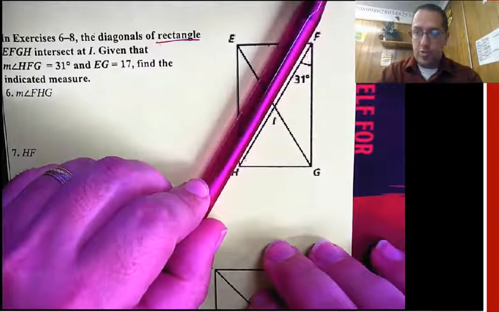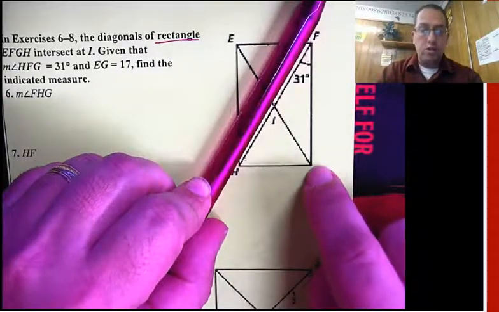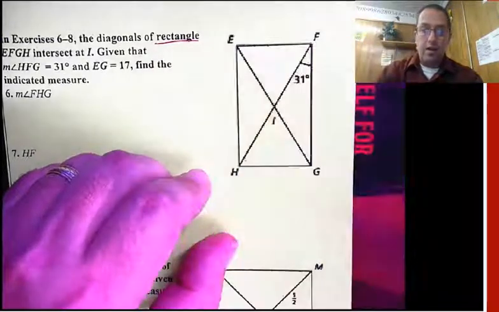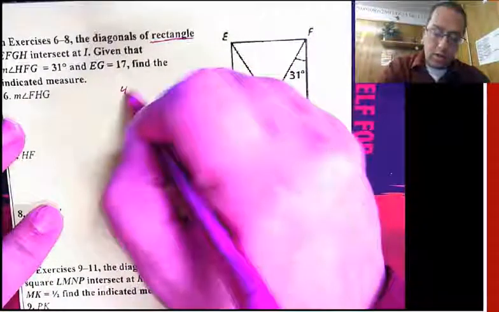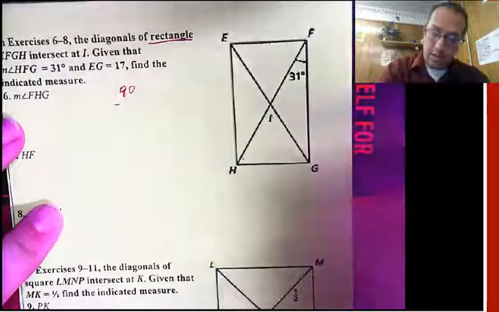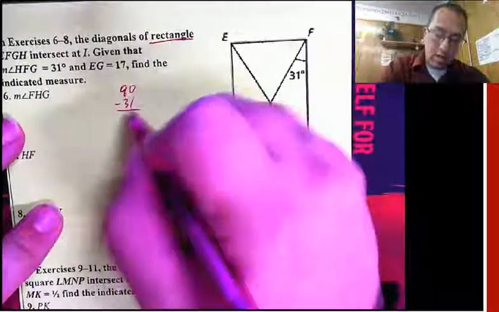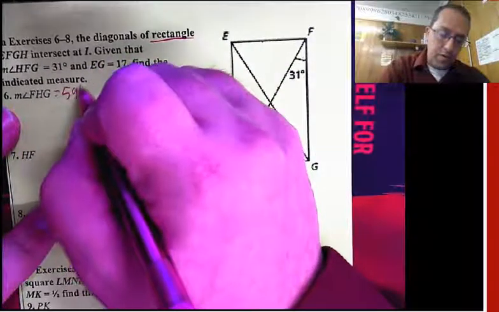Triangle FHG. And we know that it's a rectangle, so this is a right angle. So we've got a right triangle. If I know one of the acute angles, I can find that other acute angle because the acute angles of a right triangle are complementary. So we can take 90 minus 31, and that's 59 degrees.